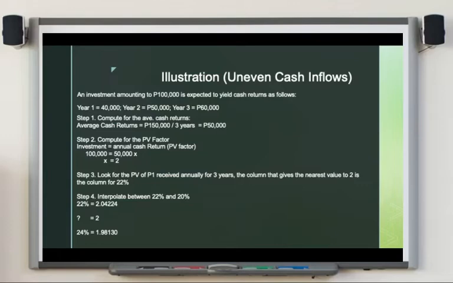you will arrive at an average cash return of 50,000. For step 2, you do again the algebraic method of looking for the value of x or the present value factor. So for this one, that is equivalent to 2. And then you look for the present value of 1 received annually for 3 years. And the column that gives the nearest value to 2 is the column for 22%.